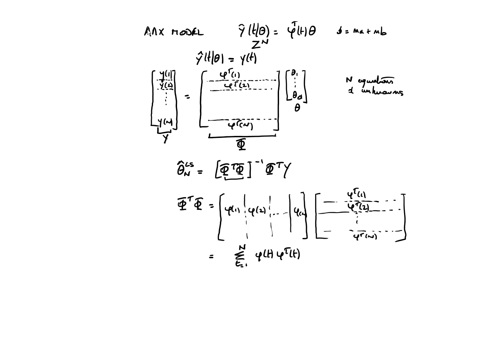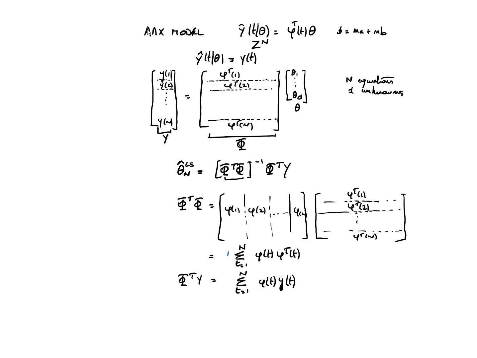You can do something similar for phi transpose y, and what you'll have is a sum ranging from 1 to n of phi t times y of t. Okay, so what you can do, since they are going to cancel out anyway, is pre-multiply by the inverse of this one.